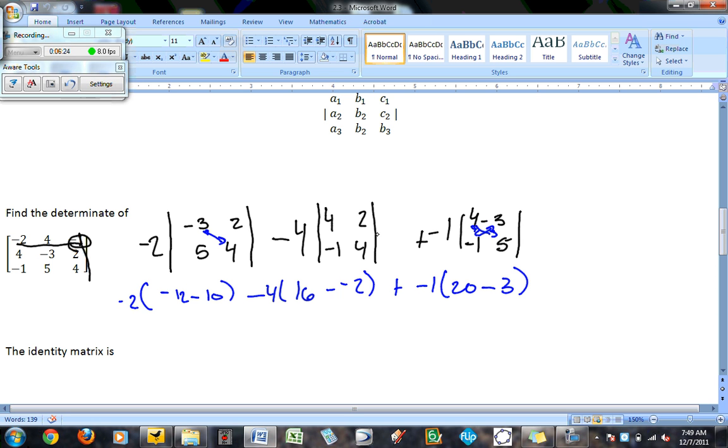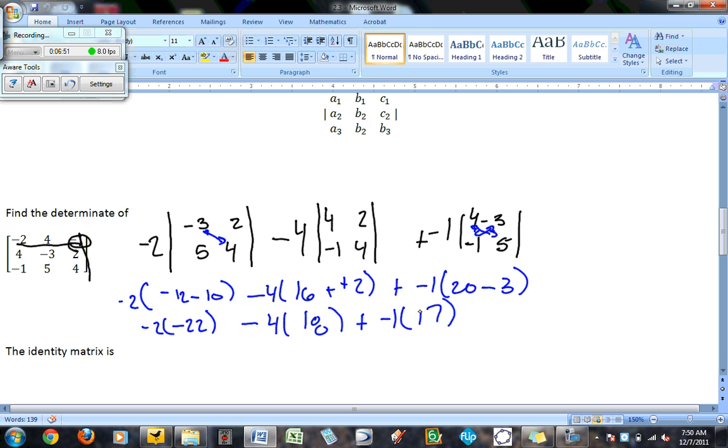Okay, and now I combine like terms and then I multiply. Negative 12 minus 10 is a negative 22, and we still have a times negative 2 out in front. Minus 16 minus a minus 2, so cross the line, change of sign, is going to be a negative 4 times 18, plus negative 1 times 20 minus 3 is 17.